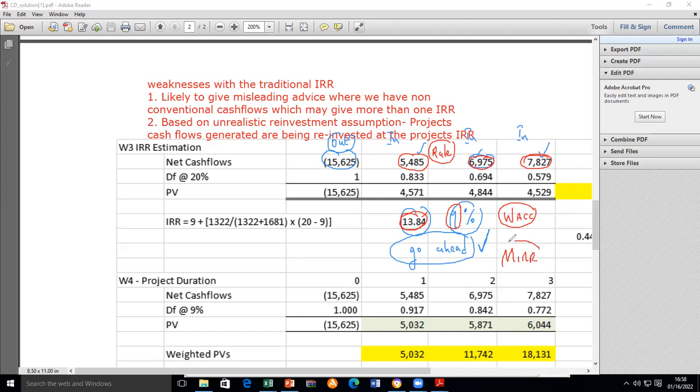In modified internal rate of return, you are saying these cash flows are being reinvested at the company's cost of capital or WACC. And in our case, they're being reinvested at 9%. So modified internal rate of return assumes that the project cash flows are being reinvested at the company's cost of capital. And we are saying that is much more realistic.